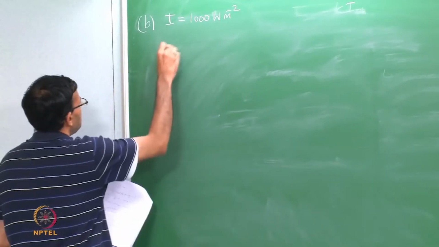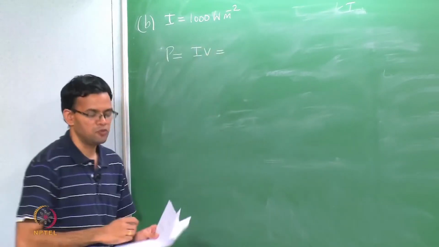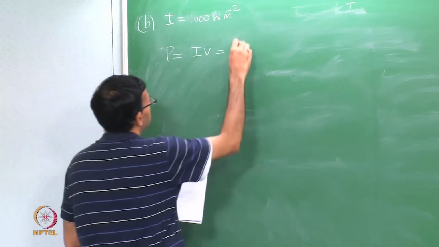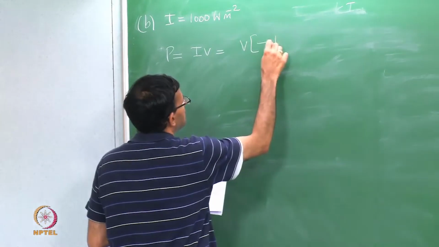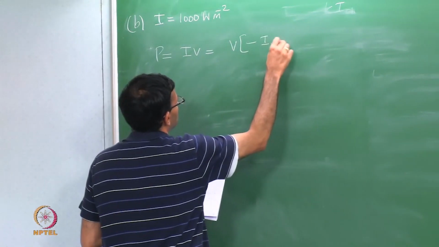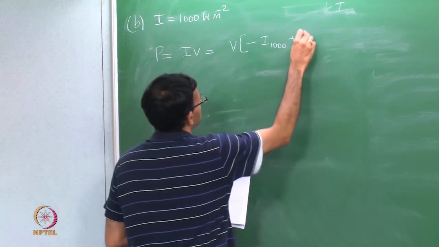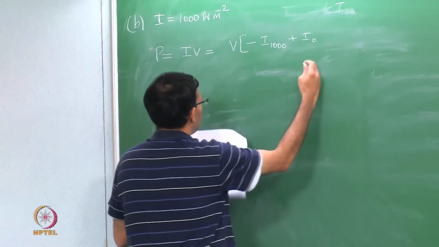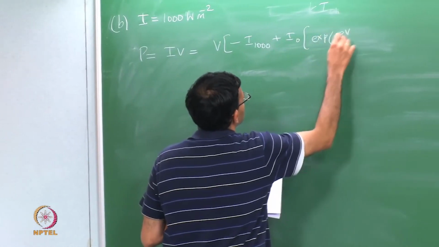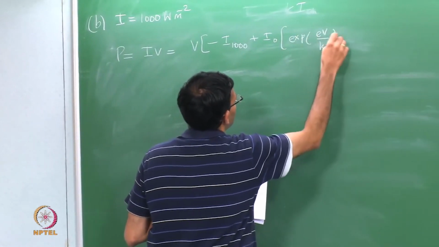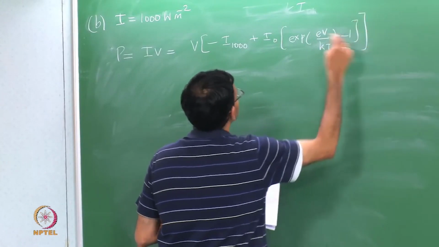So, power P is nothing but I times V, which can be written as V times minus I of 1000 plus I naught exponential EV over KT minus 1.